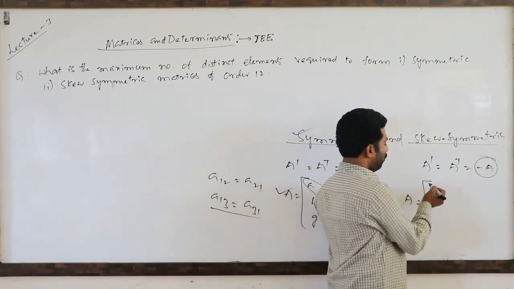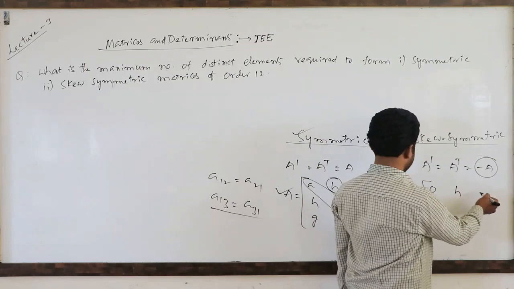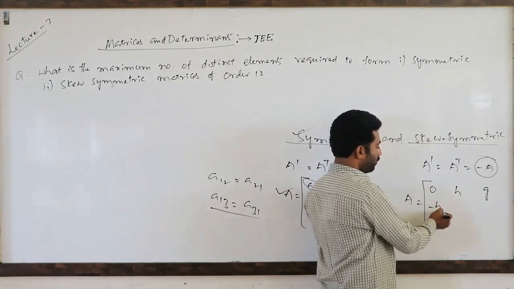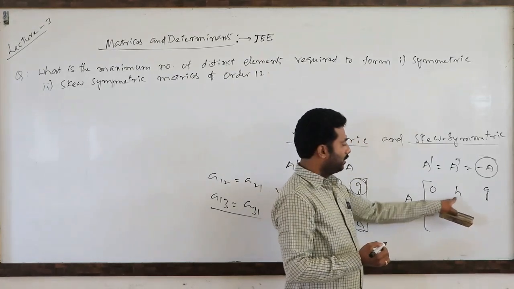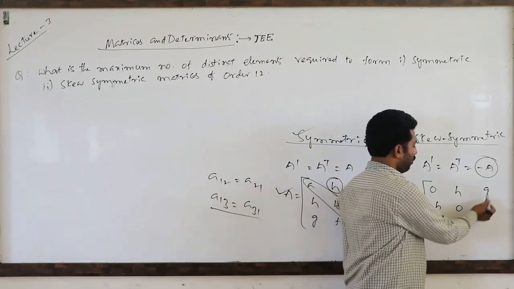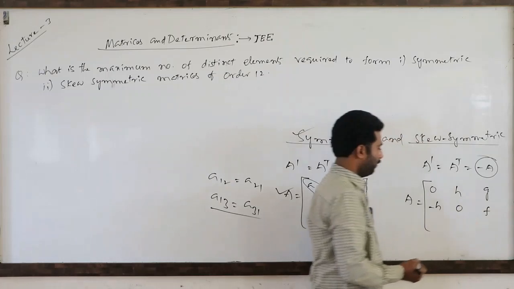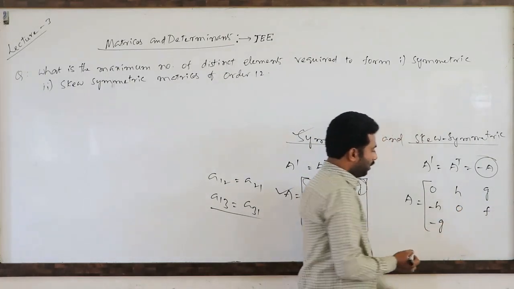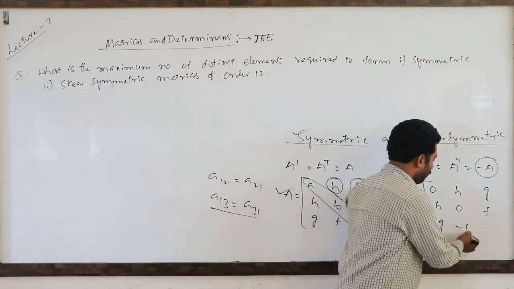See 0, H, G. Here H corresponds to minus H. You observe, this is H and there it is minus H. This is G, so minus G will be there. This is F, so minus F will be there.